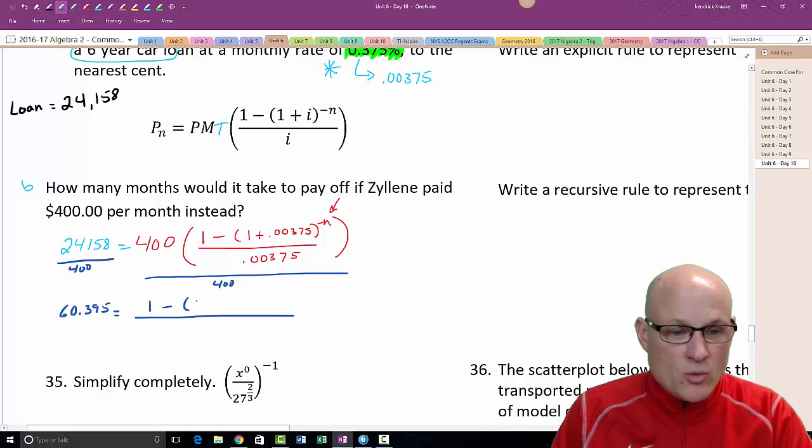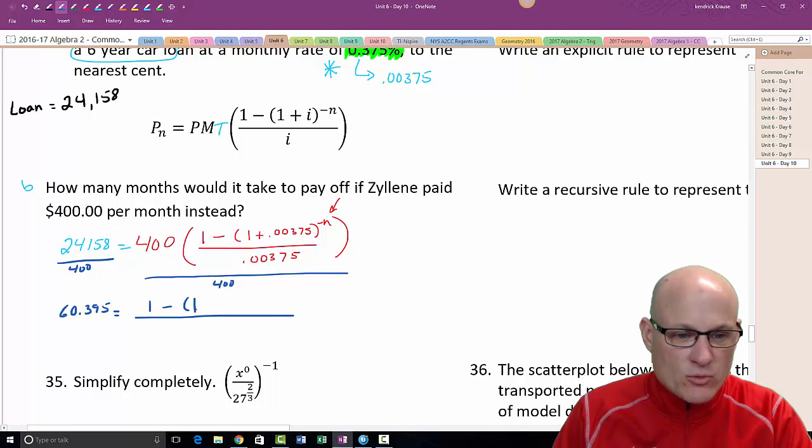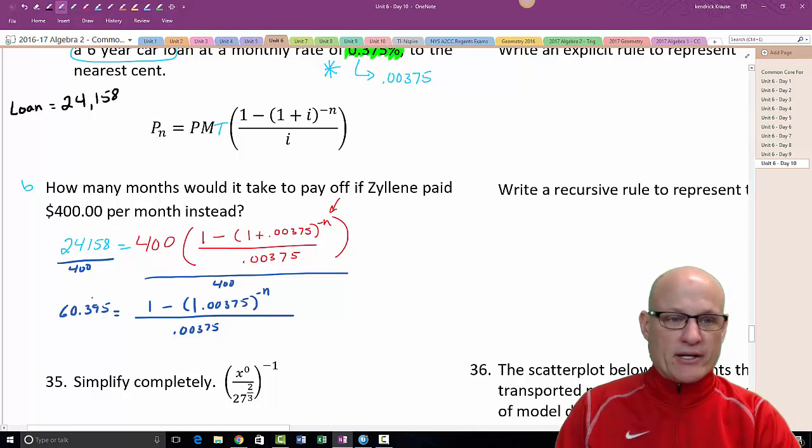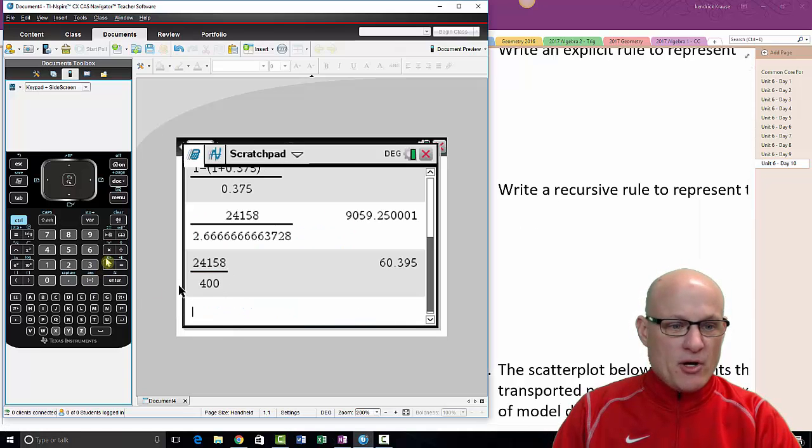1 minus, well, can I write this as just 1.00375 to the negative n all over 0.00375? Well, now what am I going to do? Oh, I'm going to cross multiply. So I'm going to take this number and multiply it by 0.00375.